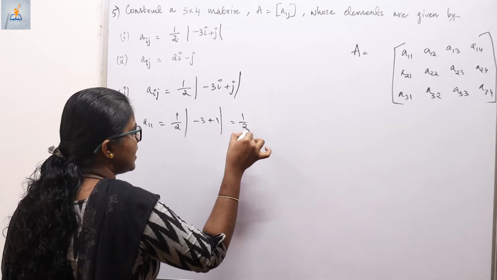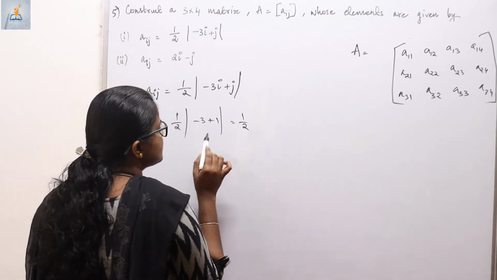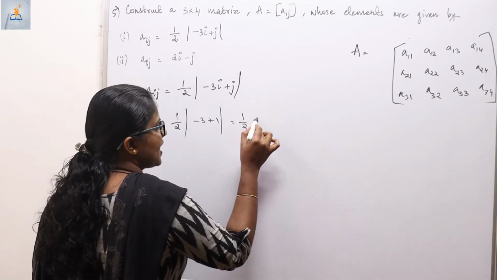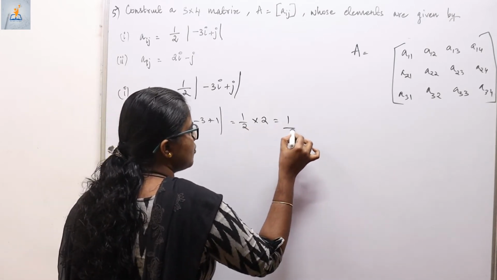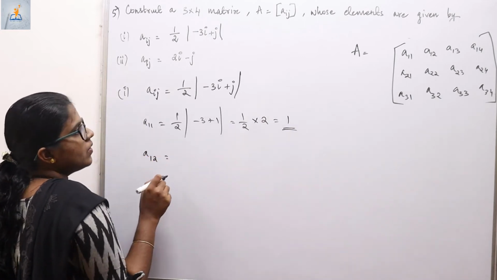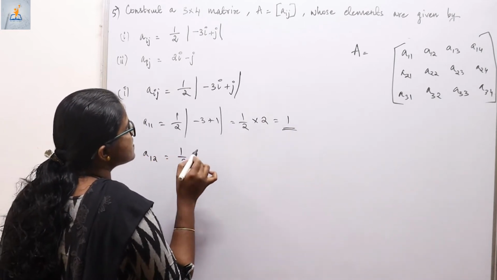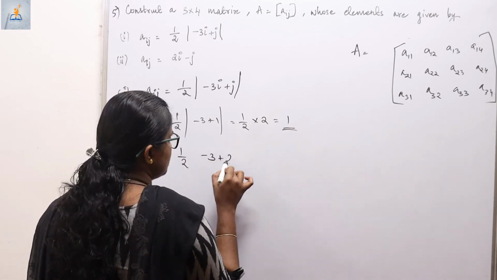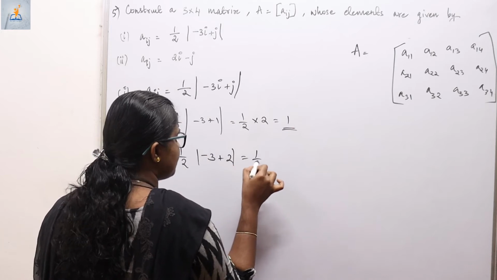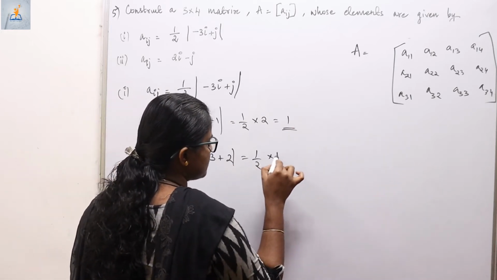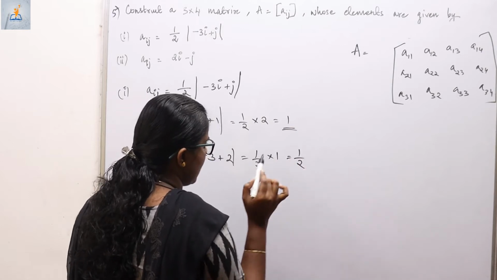That is half times negative 3 plus 1 is negative 2, and modulus of negative 2 is 2, so the answer would be 1. So moving to A12, we have half times negative 3 plus 2, and what is negative 3 plus 2? It is negative 1 and this modulus is 1, so it is half.